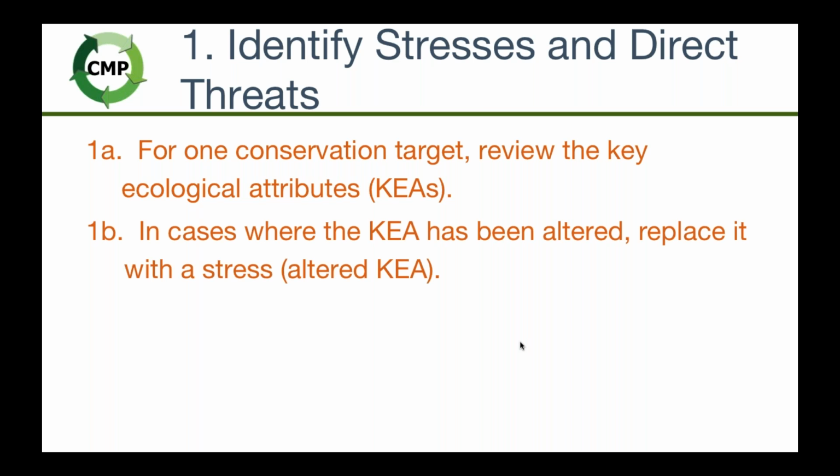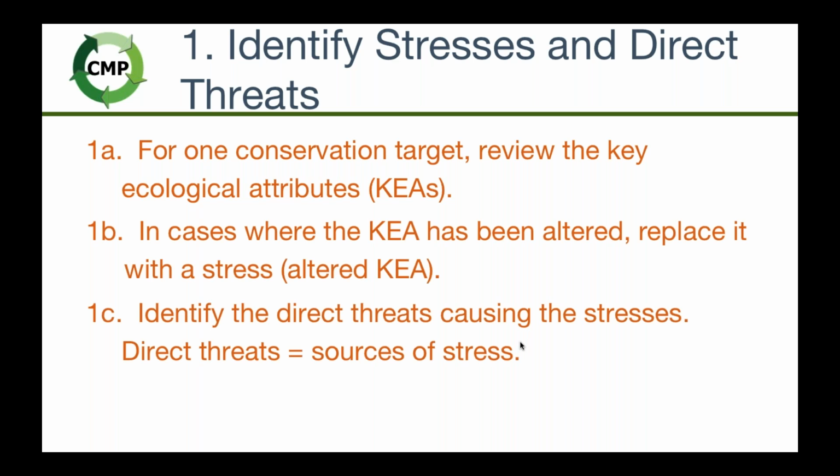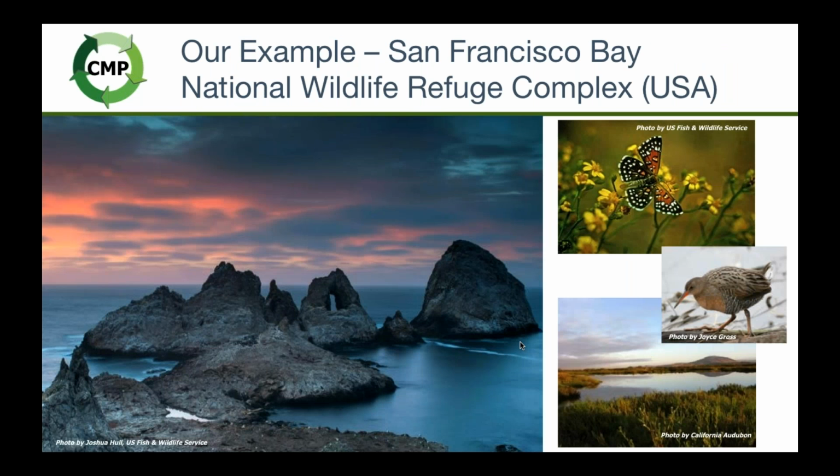In cases where the key ecological attribute had been altered, they replaced it with a stress, and then identified the direct threats causing the stresses. For those of you who've been around for a while, this is more sort of going back to TNC's old site conservation planning approach. And then they repeated the process for other conservation targets. So let me show you some examples.